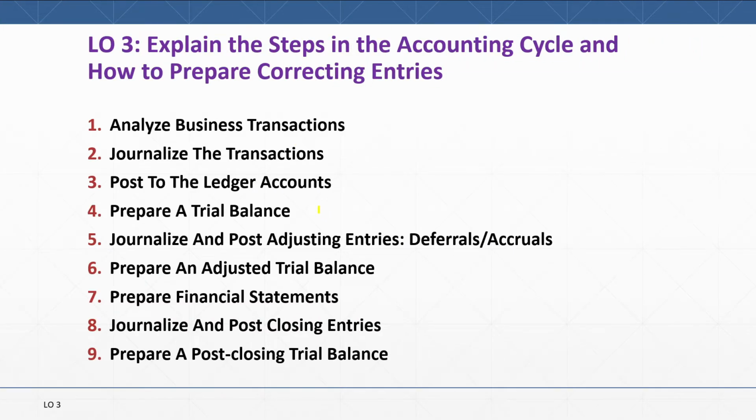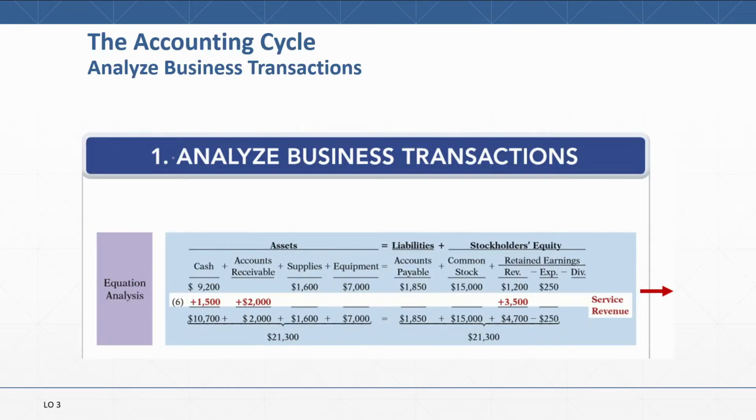In learning objective 3, we review the steps in accounting cycles, but more importantly, we learn how to prepare our correcting entries. That is the main subject of this learning objective. So once again, real quick, let's go over the steps in our accounting cycle.